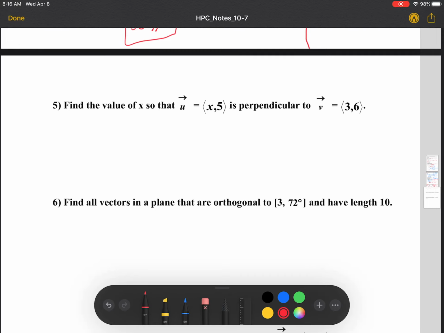All right, more examples. Only a couple more. Number 5, we're going to find the value of x so that vector u equals x5 and it's perpendicular to vector v. From this, we know our rules about perpendicular. We know our dot product has to equal 0, so we can set up a dot product and solve it algebraically.